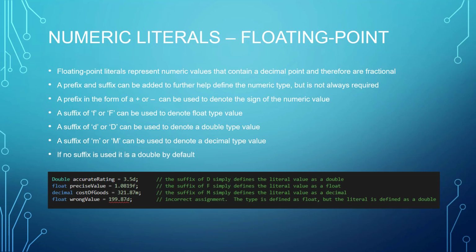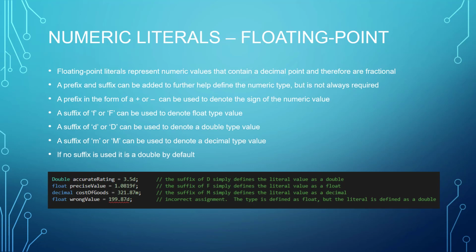Since we've defined it as a double, we're actually trying to assign it to a variable that's of type float. C# won't allow us to do that, and that's why you see the red squiggly lines underneath that numeric literal. We're trying to force it to be the wrong data type. If we were to simply take that D off of there, it would work. Or if we were to change that D to an F, it would work. And if you don't use a suffix at all, the default is a double.